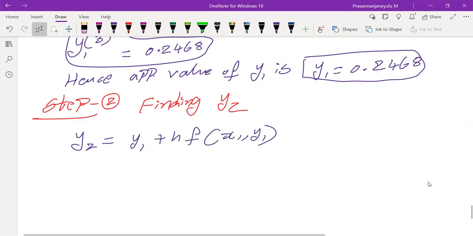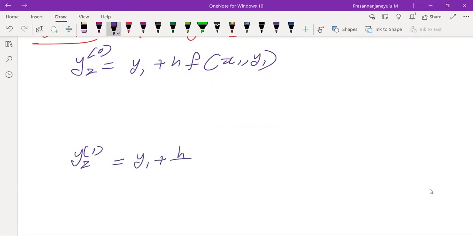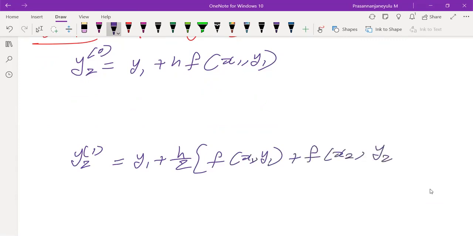But here we have to take a zeroth approximation of y2. After finding the zeroth approximation of y2, what do we need to find? We need to find the first approximation of y2. What is the first approximation of y2? y1 plus h by 2 into f of x1 comma y1 plus f of x2 comma the zeroth approximation of y2.